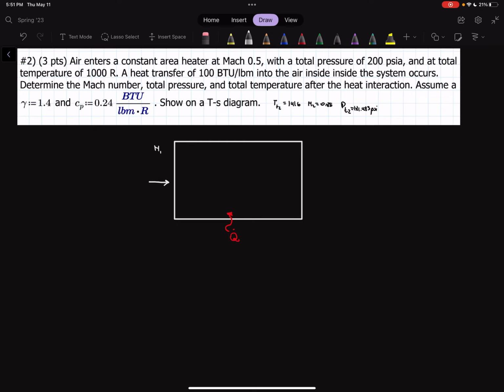They also tell us a total pressure, so we should include that, PT1, and a total temperature, TT1. After the heat interaction, we want a Mach 2, a PT2, and a TT2 right here. And this is open, so I'm going to make it like that. There you go.